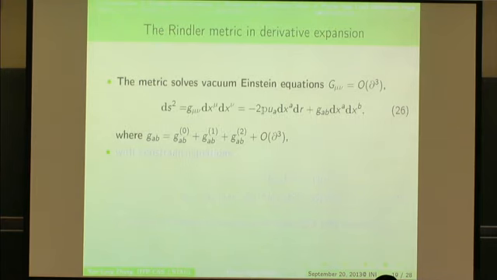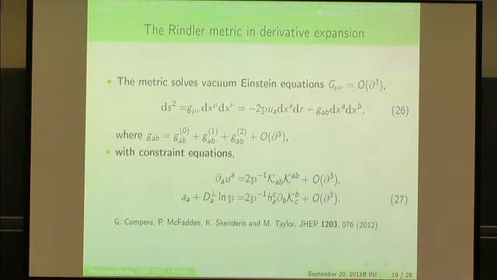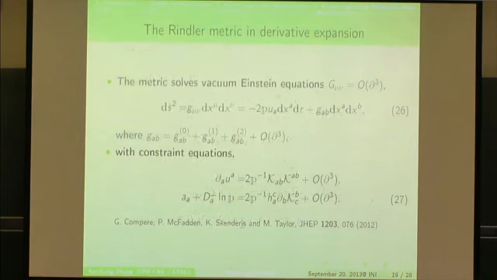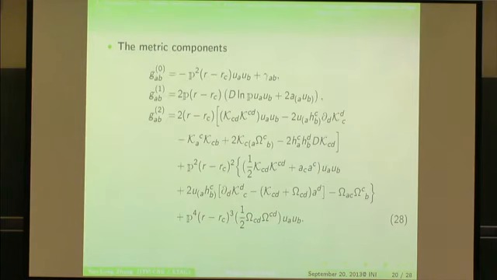Also, the fluid dual to Rindler space using the relativistic expansion is also well studied. The metric behaves like this, and if we employ the constraint equations as well as solve the metric and stress tensor, this one is just the shear tensor, and this is the vorticity.